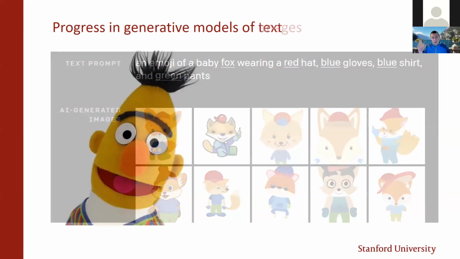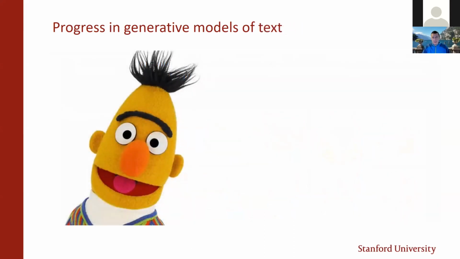And, of course, it's not just images. In text, there's been a lot of progress in building language models, which you can think of as generative models of text. Pre-training these large language models on a lot of unlabeled text has proven to be a really powerful way of improving NLP systems. It's now common practice and necessary to achieve state-of-the-art results on a lot of tasks.